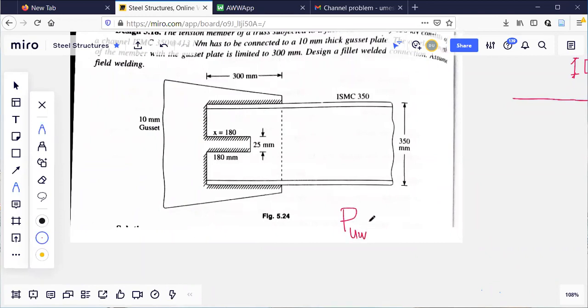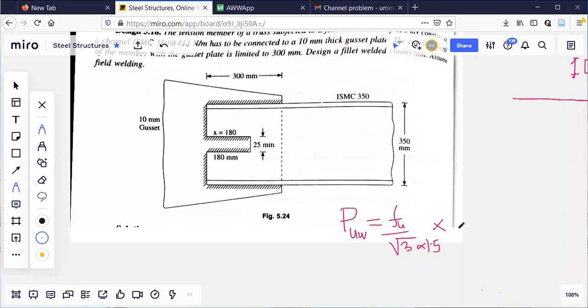Ultimate strength of the weld equals Fu by √3 into 1.5, into LE into TE. Why is it 1.5 in this problem?